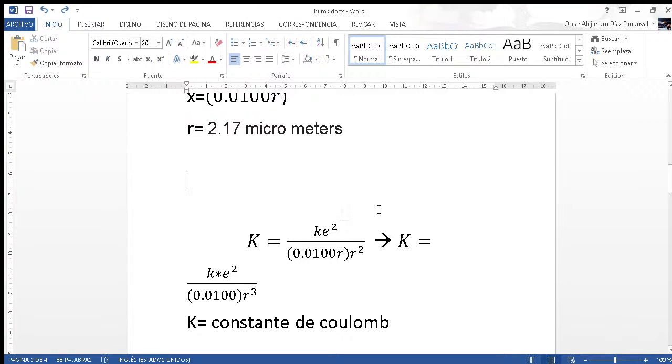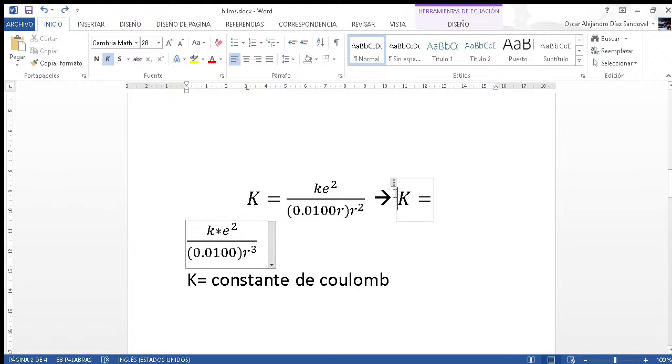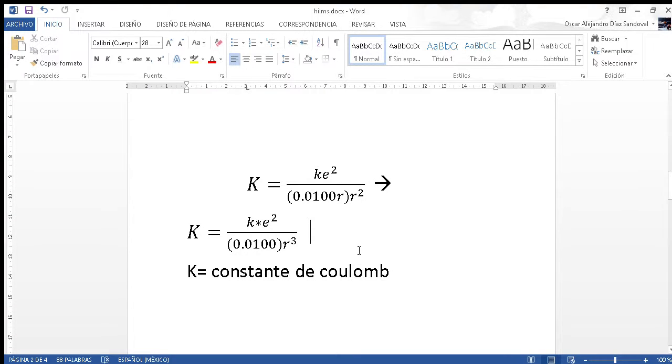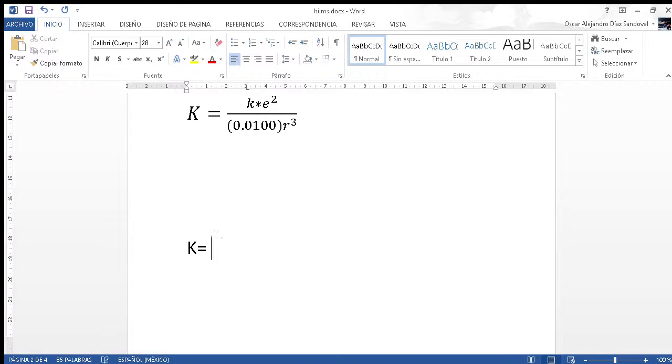Then we can express K like this: K that multiplies E squared, divided by 0.01 that multiplies R elevated to 3. K, guys, is the Coulomb constant.